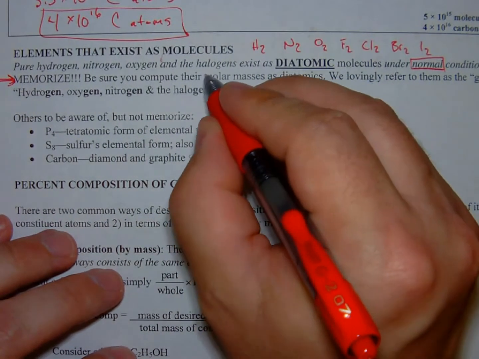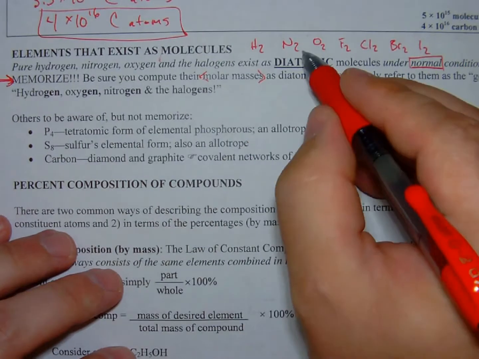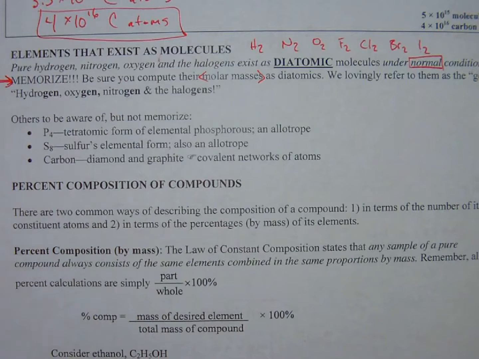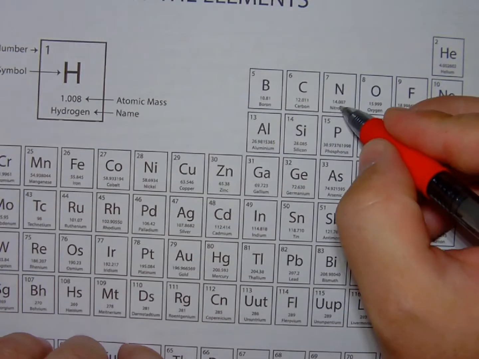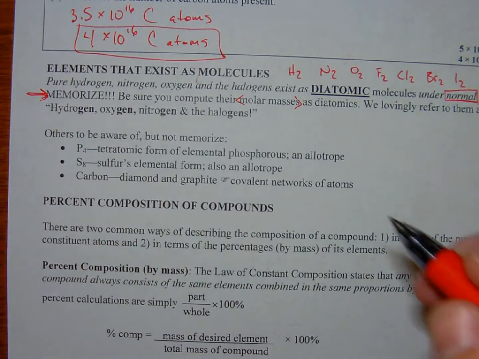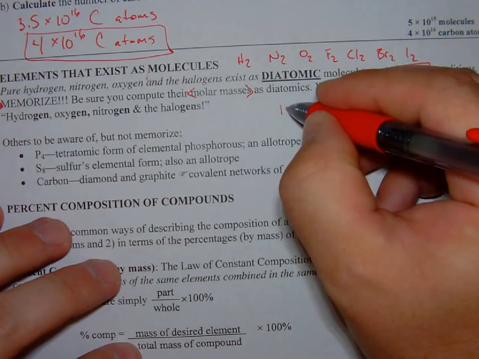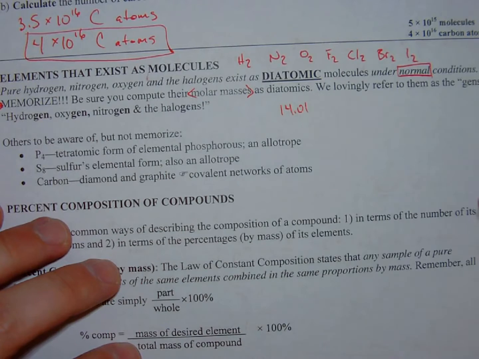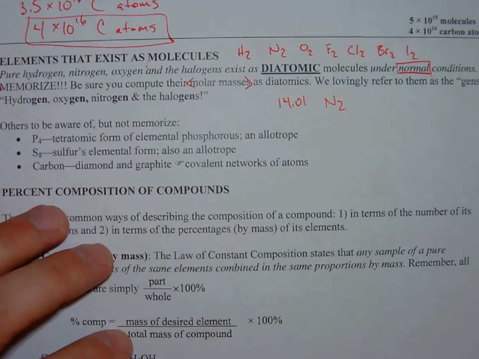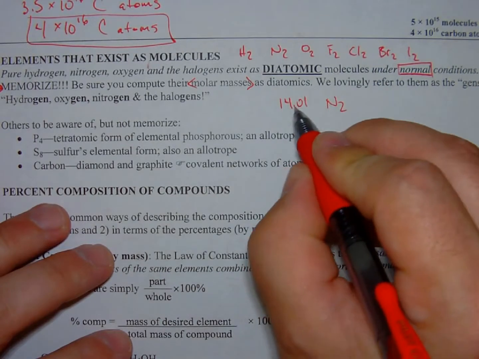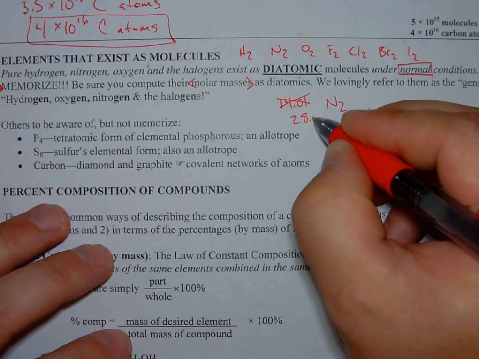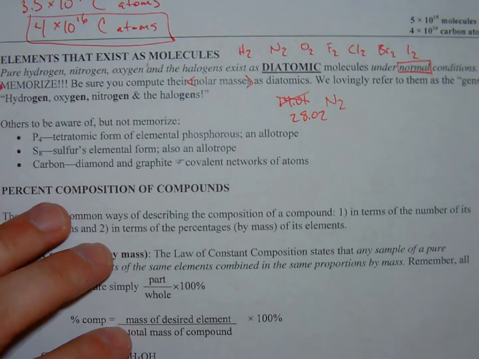And so when you're calculating the molar mass, if you're trying to use nitrogen's molar mass, a molecule of nitrogen, and you only write down 14.01 for your molar mass of N2, you're going to get the wrong answer. Because N2 is not the mass of one nitrogen. No, no, no. It is the mass of two nitrogens. 28.02.